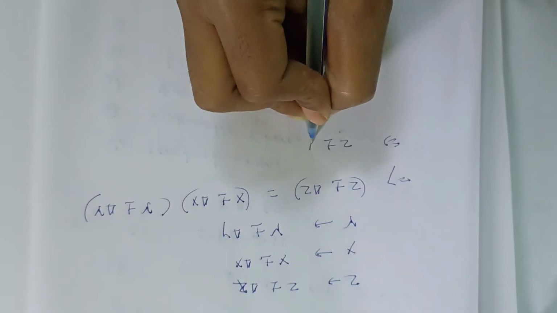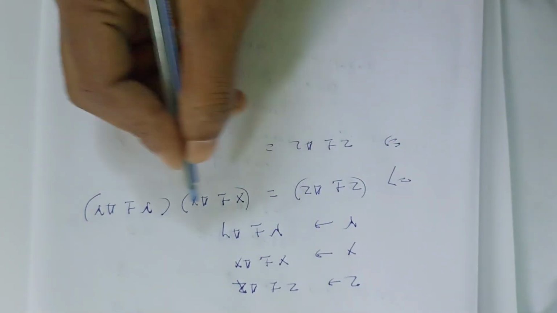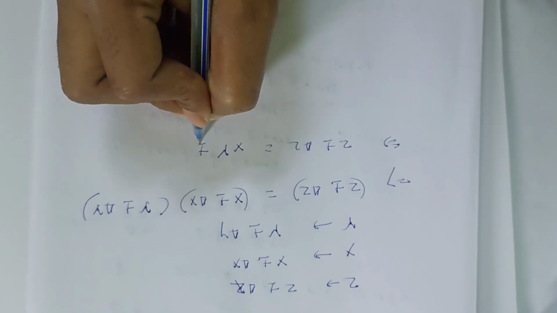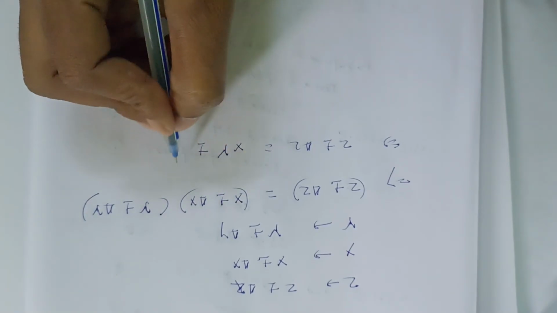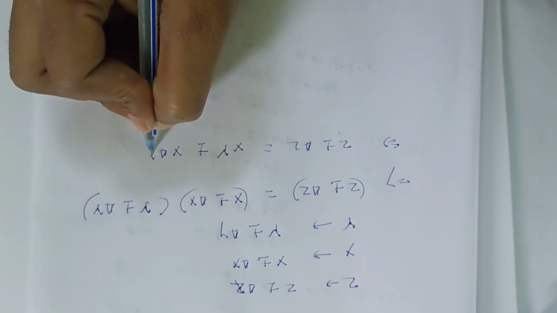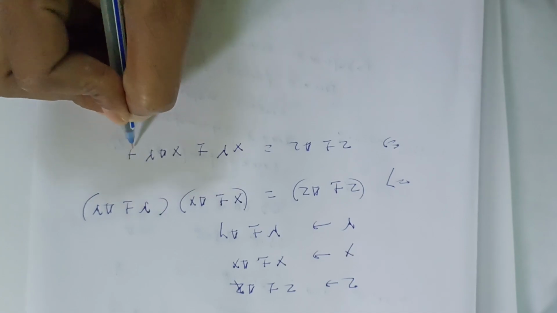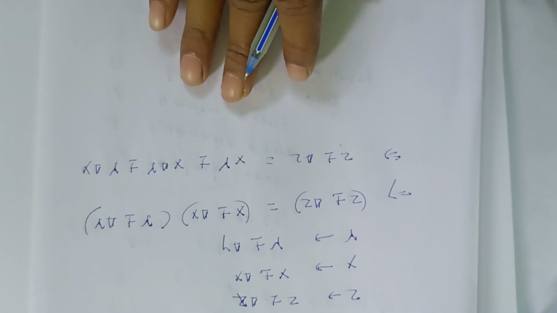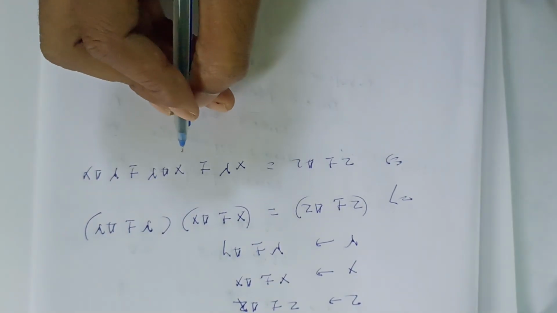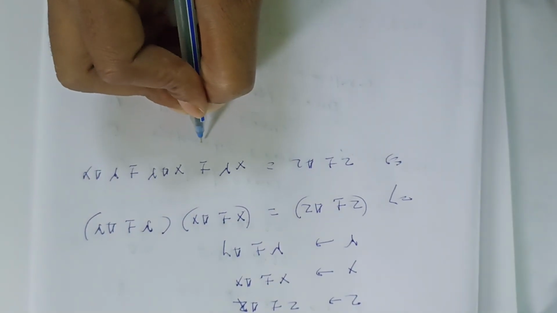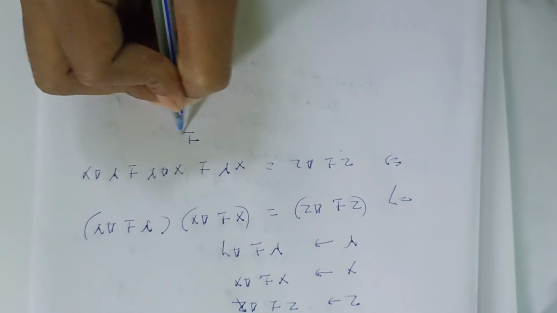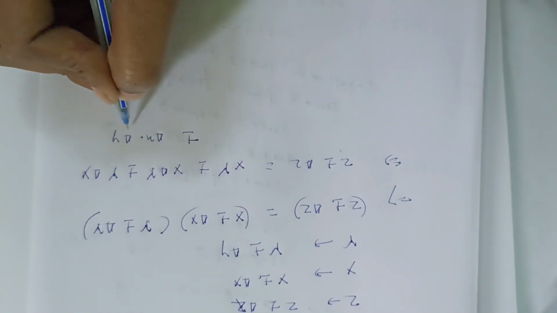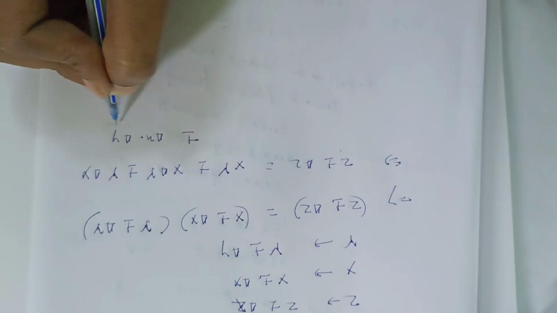Multiplying this, z plus minus del z equals xy plus minus x del y plus minus y del x plus minus del x dot del y. This term is very small, so this is negligible.